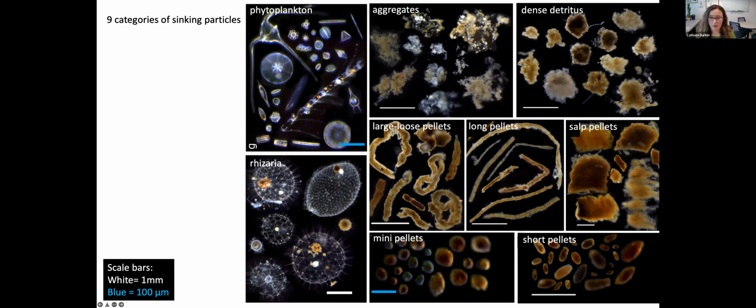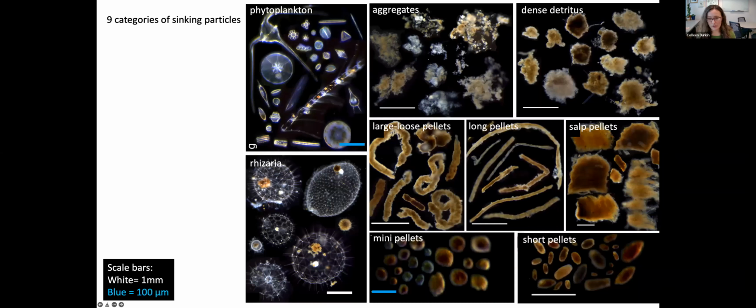So there's these large loose pellets, which are probably produced by non-crustacean zooplankton like pteropods. Then the long pellets, which are really typical of the crustaceans. Then these cylindrical fecal pellets, which are really distinct.